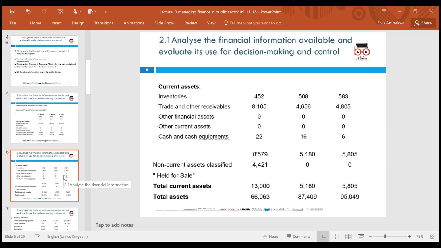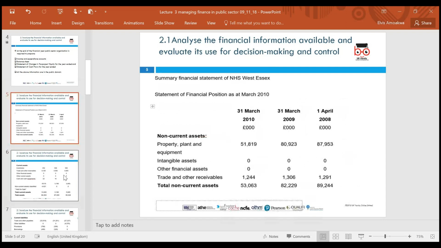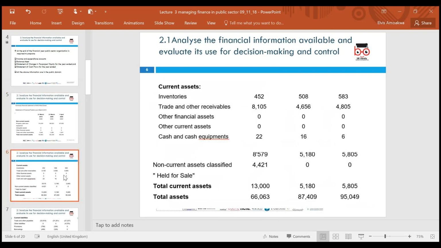I'm just going to go through with them before we start analyzing the data, because 2.1 is asking X to analyze the financial information available and evaluate its use for decision making and control. So I'm first trying to show you the financial statement. We look at the non-current assets in the previous slide, and then we are now looking at the current assets, right?